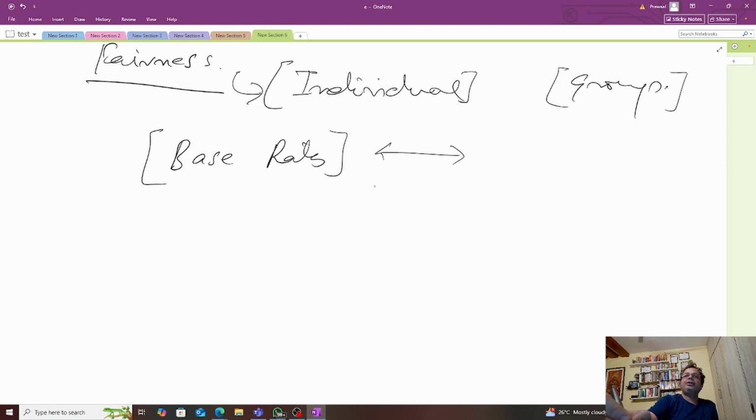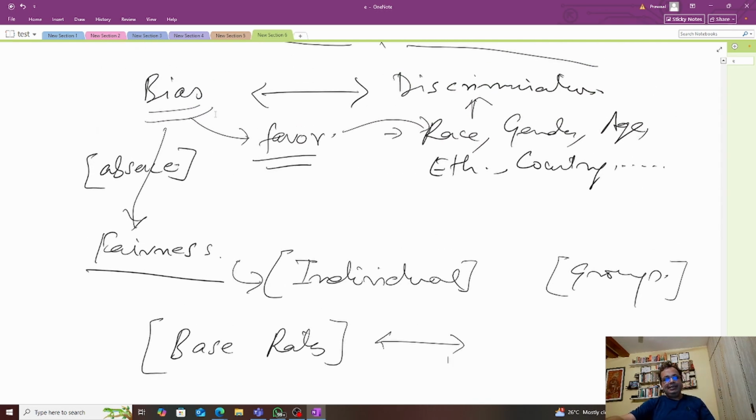In India also, some rural people may not have as much bank balance and financial prosperity as their urban counterparts. So since the various groups will have different base rates, achieving group fairness as well as individual fairness together is almost impossible. Okay, so this is how bias, discrimination and fairness are related to each other, but they don't mean the same thing.